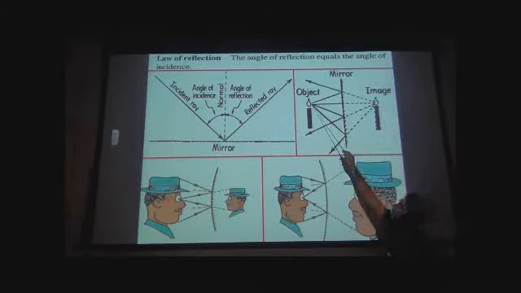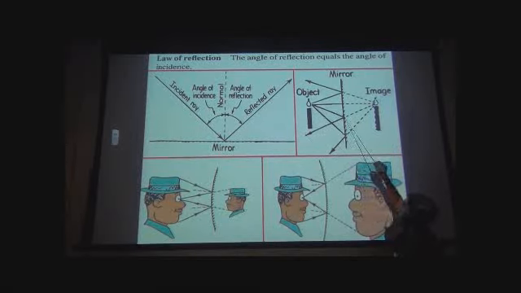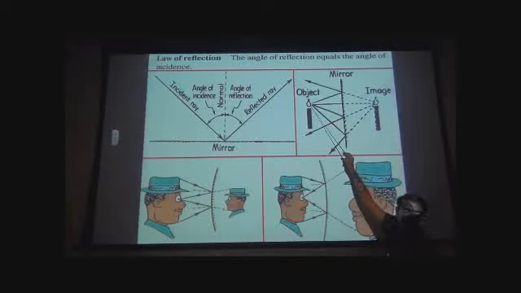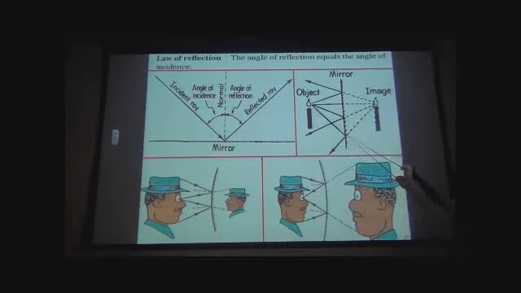The same thing with these other rays. Here's a ray of light from the flame coming here and bouncing off. Extend this ray back here, and it'll meet the image of the flame at the same spot here. Now here's another ray of light from this flame hitting the mirror here. This angle must be equal to this angle, so the fact that this angle equals this angle determines the direction that the reflected ray heads off in.